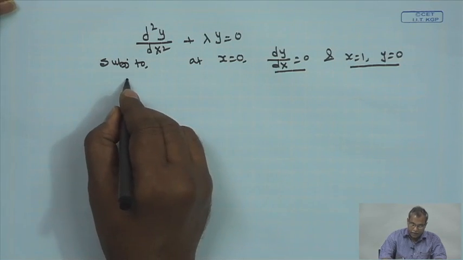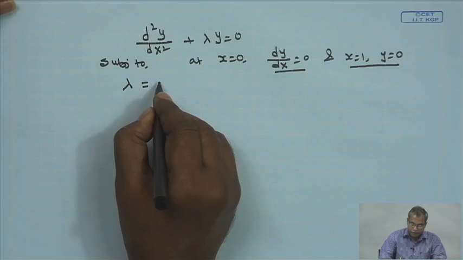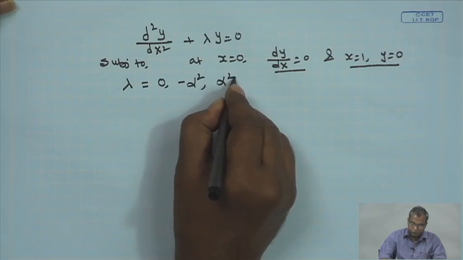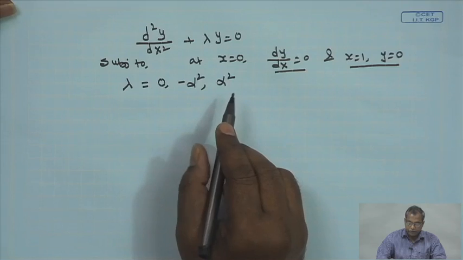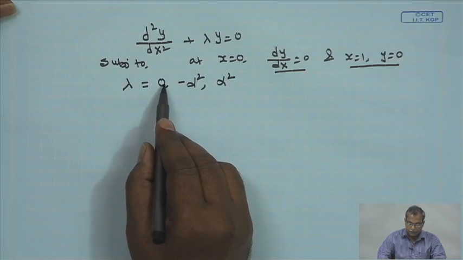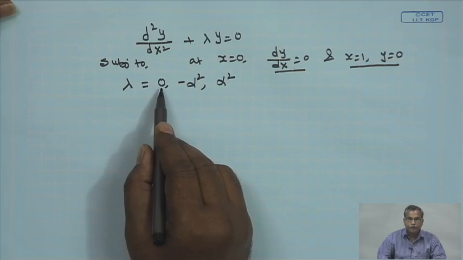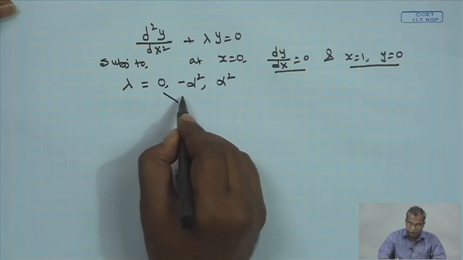Now, again as we have discussed earlier, lambda can be 0, negative, or positive. I am not going into detail on the sub cases of lambda equal to 0 and negative lambda, because they give a trivial solution.